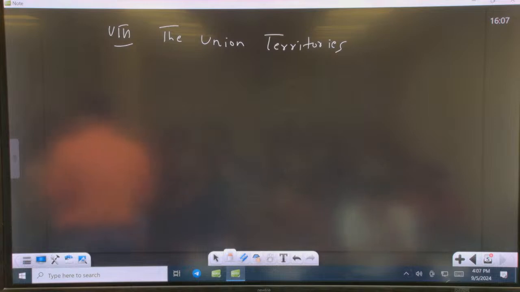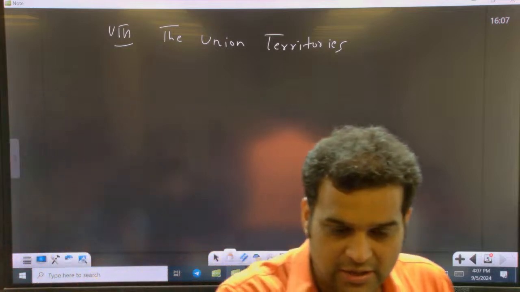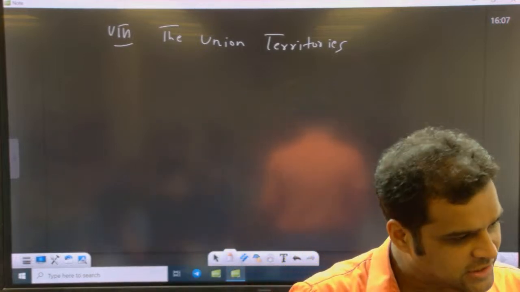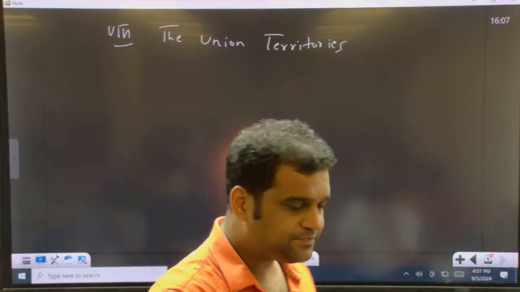There are 8 union territories, and the territory of India contains either states or union territories. So the union territories are part of the union and its territories. The others are the states, the 28 states that we have in India. So part 1 is the superset, and part 8 is a subset. Getting my point?